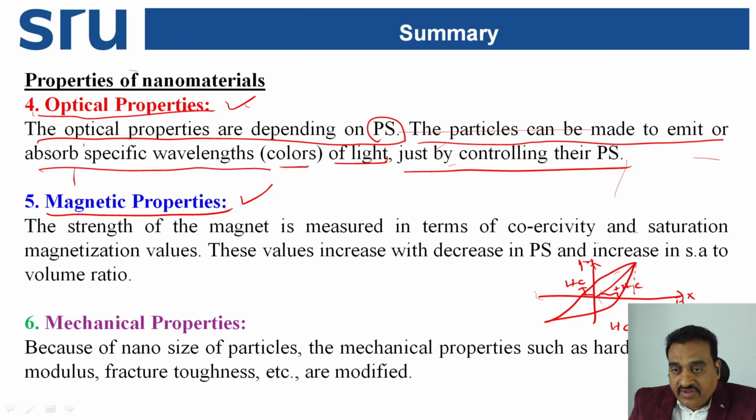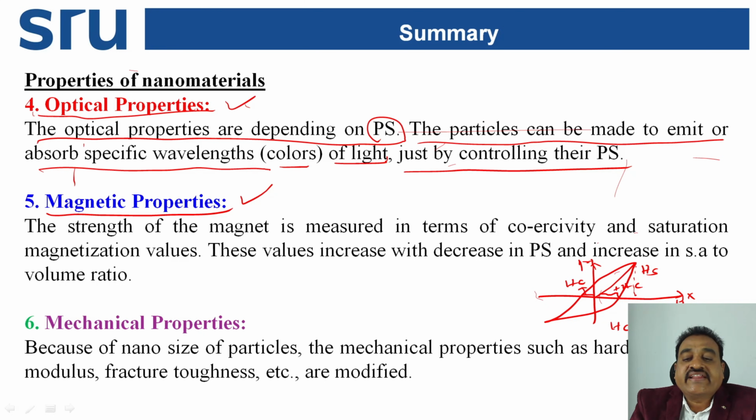This is the saturation magnetization Ms. These values increase with the decrease in particle size and increase in surface area to volume ratio. What I am saying here clearly about magnetic properties: the strength of the magnet is measured in terms of coercivity and saturation magnetization values.